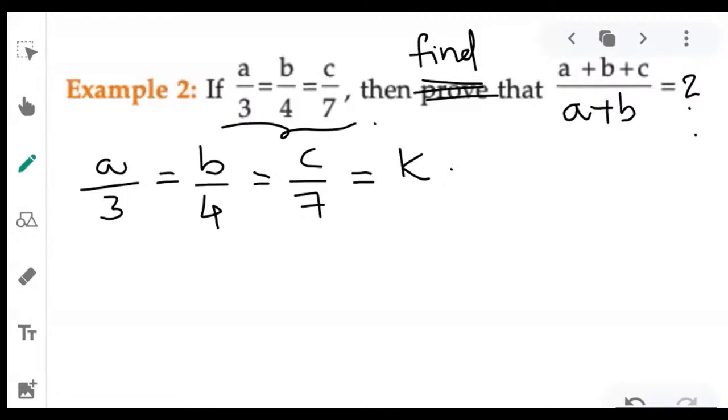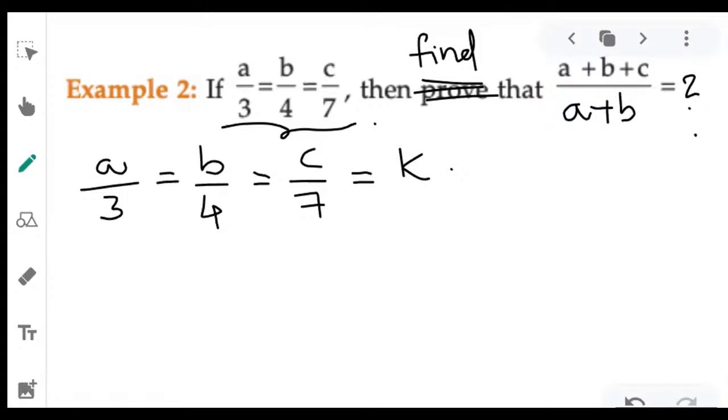Anyone who is done can unmute yourself and tell me the answer. Anyone?